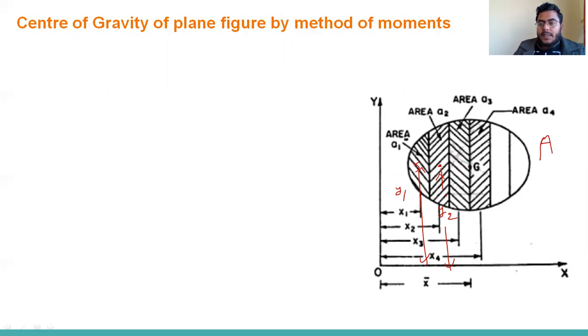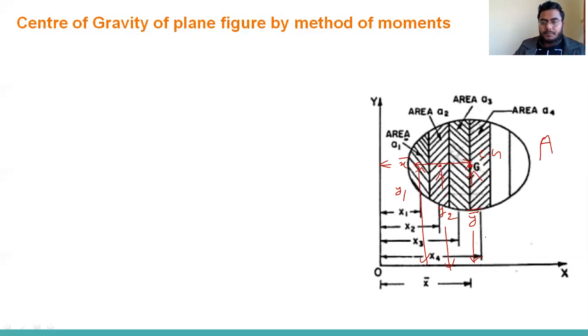Then we will take the moments of all the segments about the y-axis or the x-axis, and then we will take the moment of the total area. Suppose the center of gravity of the total area is here. That will be x bar, the distance from the y-axis to the center of gravity of this area. Similarly, from the x-axis it is y bar.